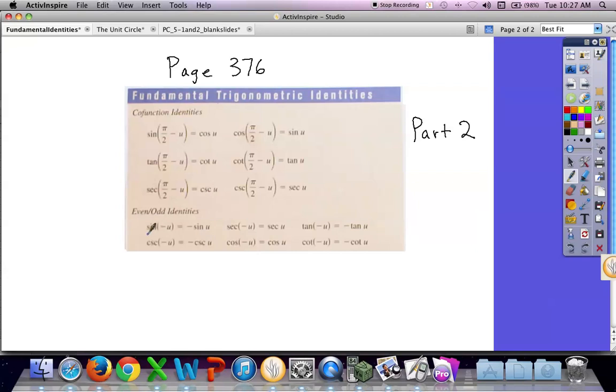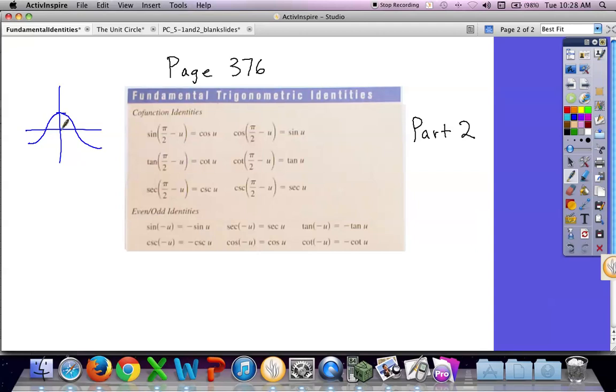And then these are the even and odd identities. If you remember, an even function is a function that is symmetric with respect to the y-axis. And out of our trig functions, the ones that we know so far, the cosine is the one that's symmetric with the y-axis.